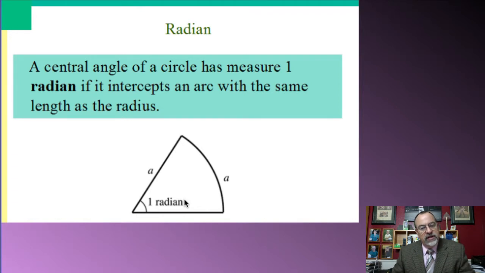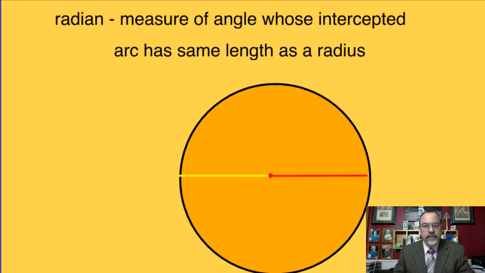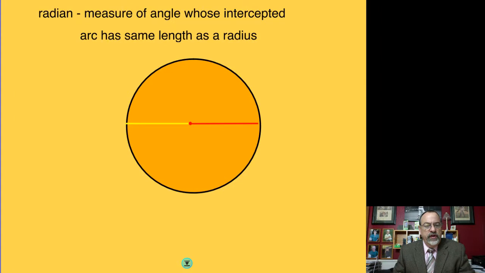This is obviously not going to get 360 angles this big in one circle, so how many are there? Let's apply this definition and see if we can come up with that answer. A radian is the measure of an angle created when the intercepted arc has the same length as the radius.